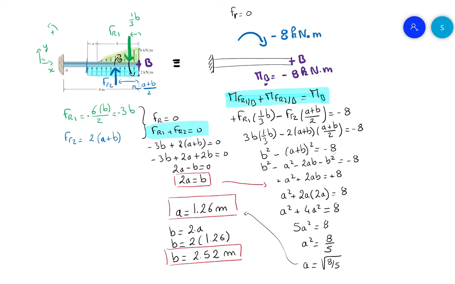This FR1 plus FR2 equals 0 is because we don't want to have any resultant forces on the equivalent system. So that's it. Let me highlight the two final answers. Bye-bye.